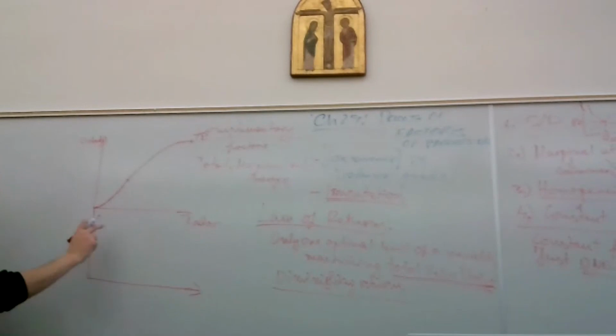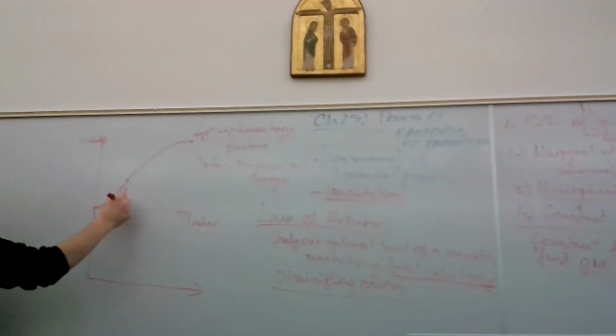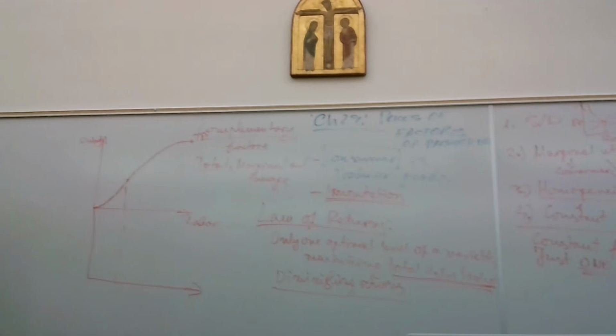If you look here, what happens with the average and the marginal curves? So let's say that this is the point labeled 1. You added 100 workers, very low.